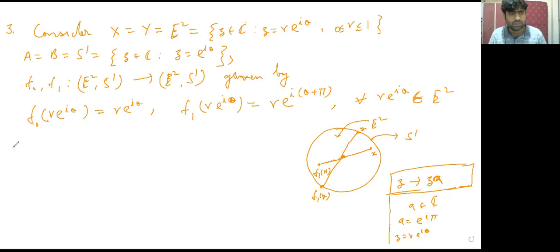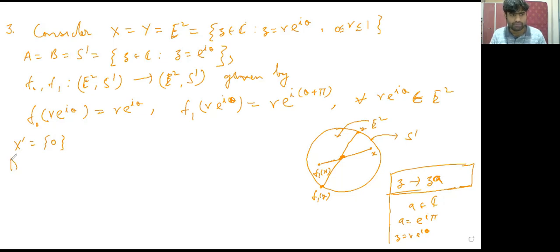Now, here x prime you can consider 0, because F0 and F1 both agree at this. They both map this point to this point itself.